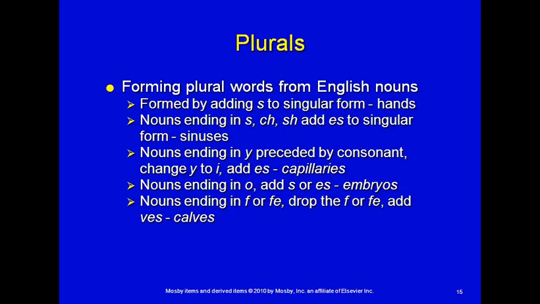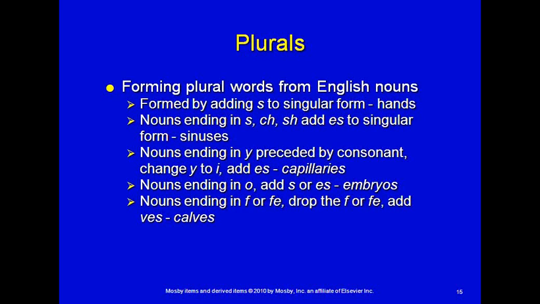Nouns ending in Y, preceded by a consonant, we change the Y to I and add ES. Capillary, as an example. Capillary ends in a Y. To make it plural, we have to drop the Y, add an I, and then an ES. Nouns ending in O, we add an S or an ES.